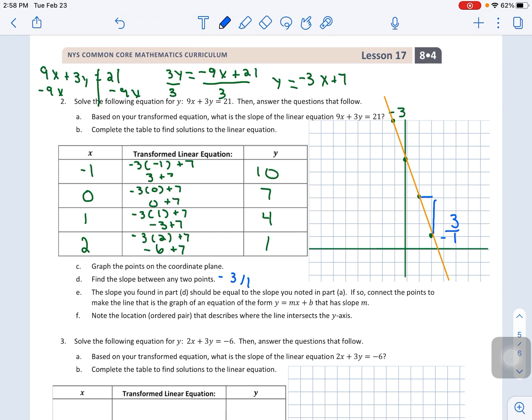Then it's asking, are they the same? Yes. Then it's asking to note where y is, and so you find the y-axis, this right here, which was 1, 2, 3, 4, 5, 6, 7. It is at 7, just like the equation.